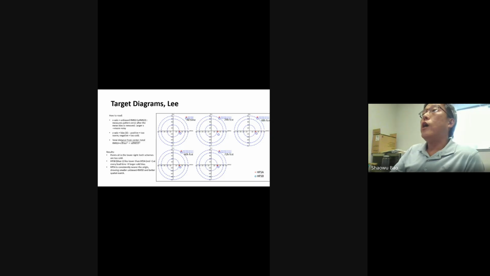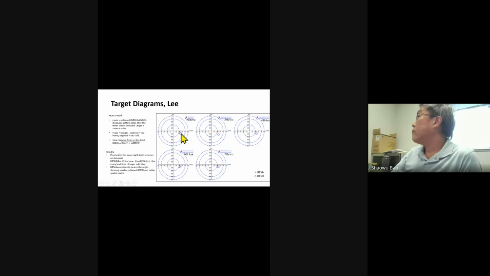The x-axis shows the unbiased RMSD, and the y-axis shows the bias. All the models are below zero on the y-axis, so that means all the models are showing a negative bias, a cold bias, in terms of the brightness temperature.